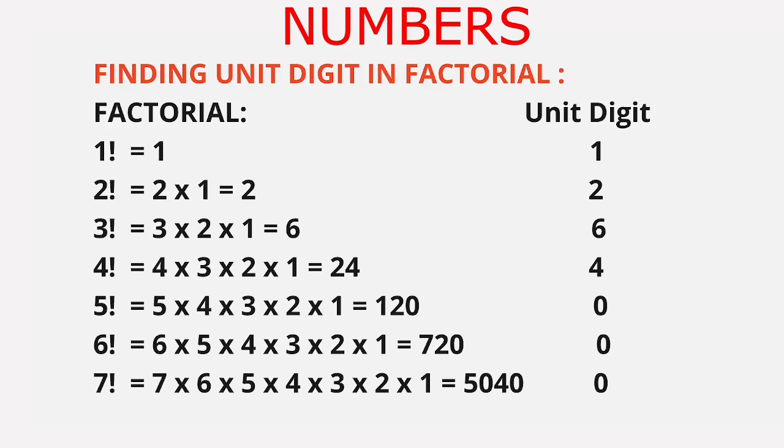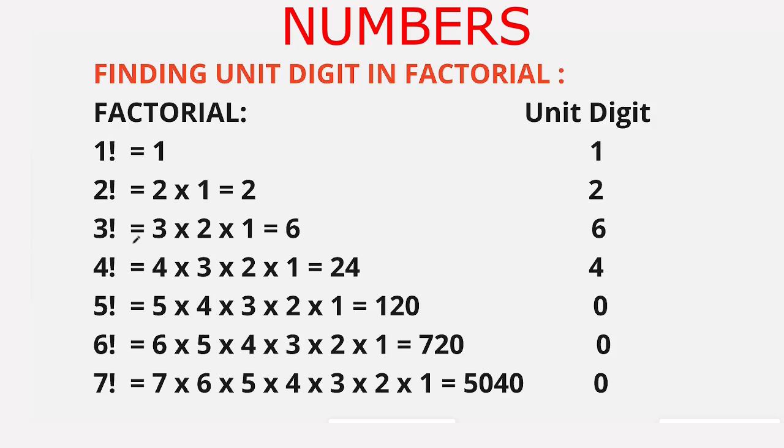In this video, we are going to learn finding unit digit in factorial. So factorial and its unit digits. Factorial 1 equal to 1 and unit digit of factorial 1 is 1. Factorial 2 equal to 2 multiplied by 1 equal to 2 and unit digit of factorial 2 is 2.